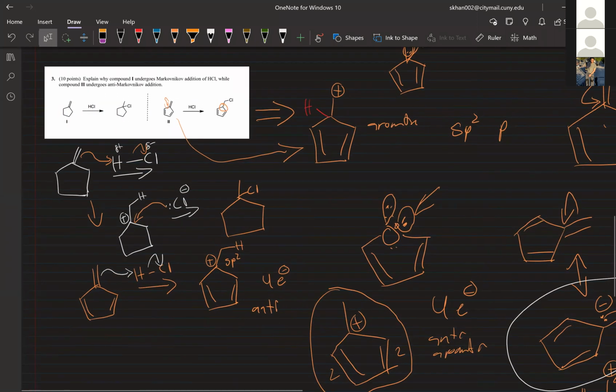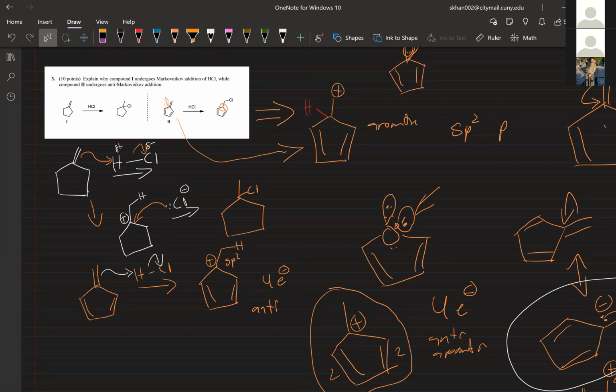All right, and this might sound silly, but I just want to ask it anyway to make sure. When he gives you a question and says explain, he doesn't mean give him a paragraph. No, he means you want to show electron flow and resonance structures generally, and then just briefly describe it in a sentence or two, like, this is anti-aromatic, this is not a favorable pathway, things like that.